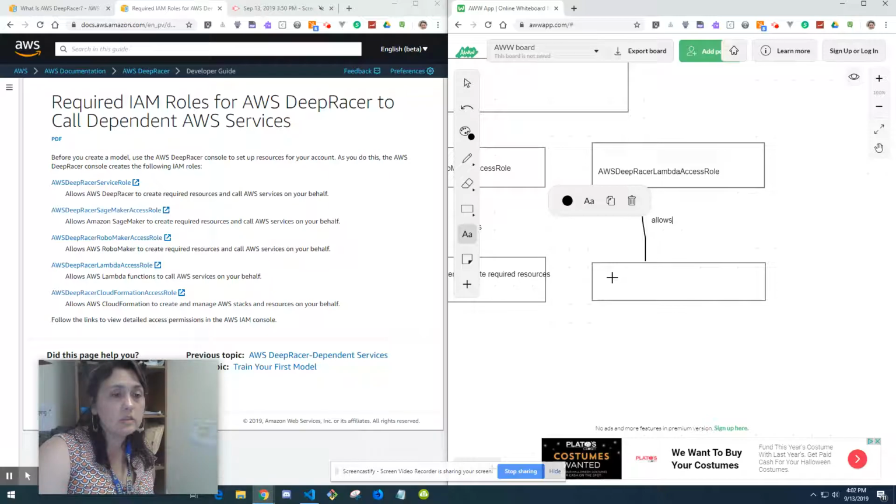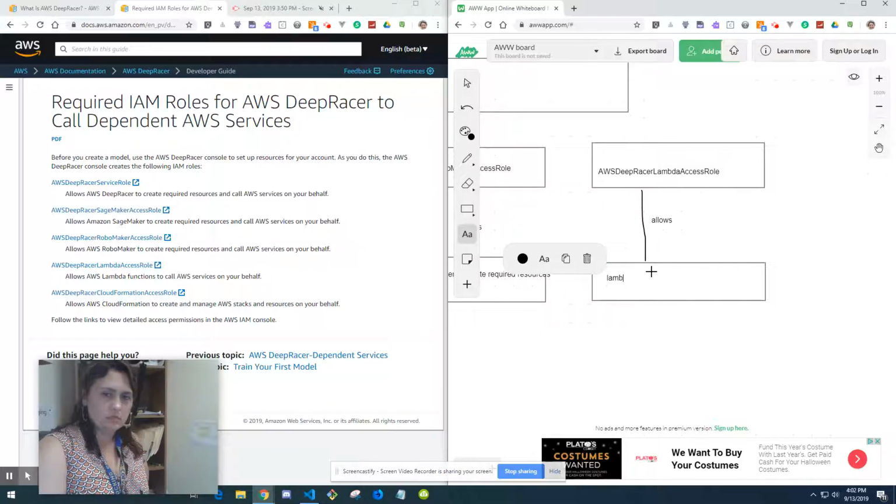That's all it does. It just allows Lambda functions to call AWS services on your behalf. And one more, the DeepRacer CloudFormation access role.